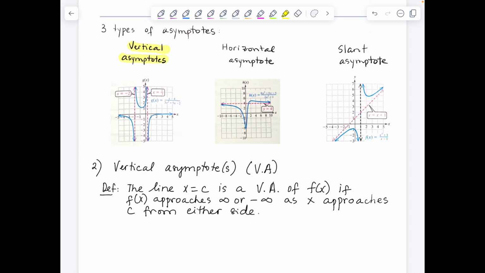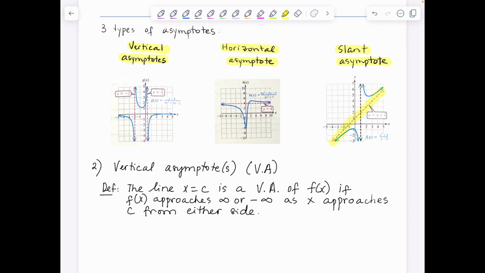of that rational function. The second picture is the picture of a horizontal asymptote. It's that horizontal pink line that you see there, and it also helps shape the behavior of this particular function. And the third picture is an example of a slant asymptote, where you see a slanted line.